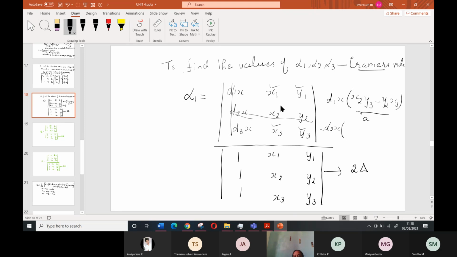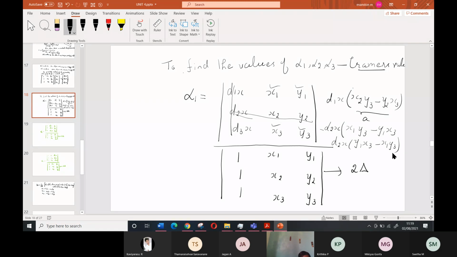So the value is x1 y3 minus y1 x3. When I take the minus inside, you will get d2x is equal to y1 x3 minus x1 y3. Am I correct? This is correct or not?